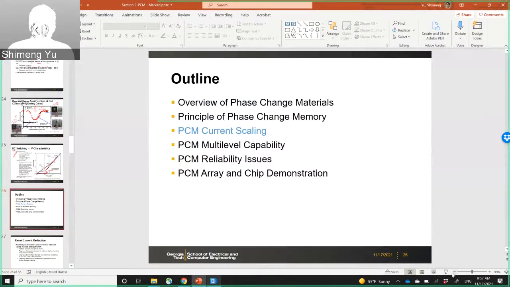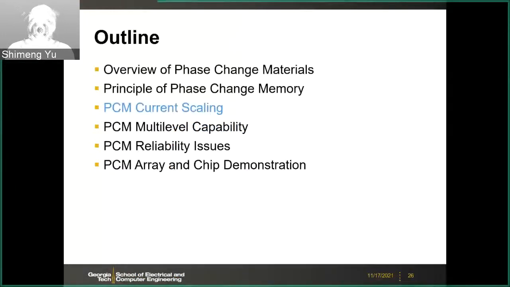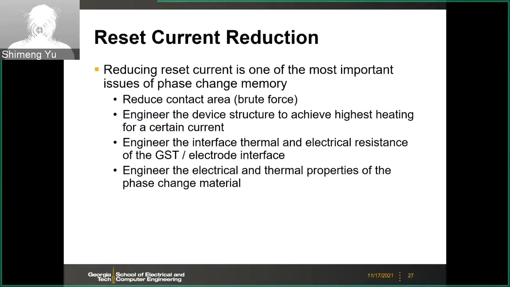Okay, next we will discuss one challenge for the phase change memory, that is the current scaling. So phase change memory, you notice that the reset current is typically very high, as we show in the previous examples. You need like 300 microamp, 400 microamp to trigger the reset.